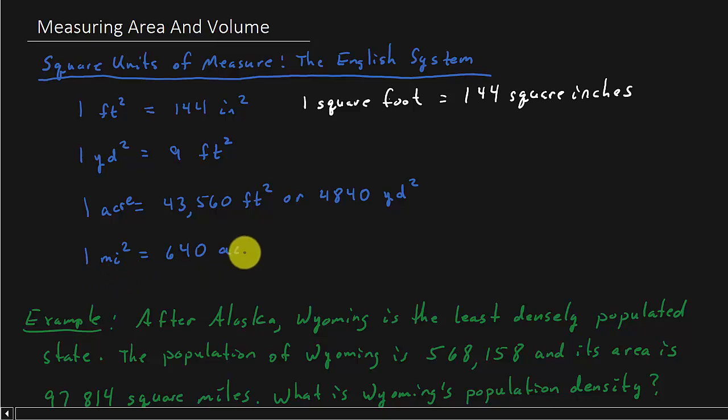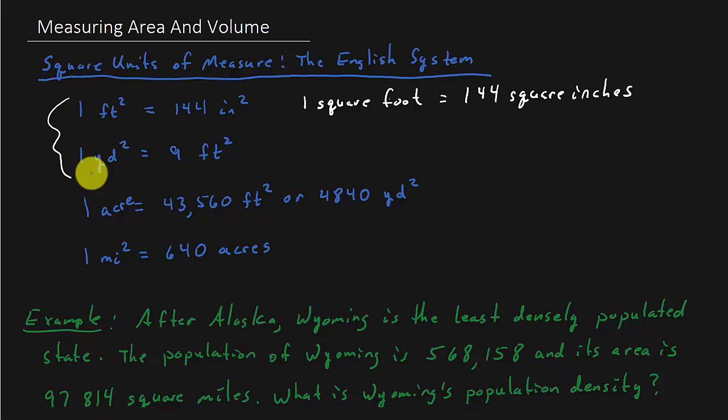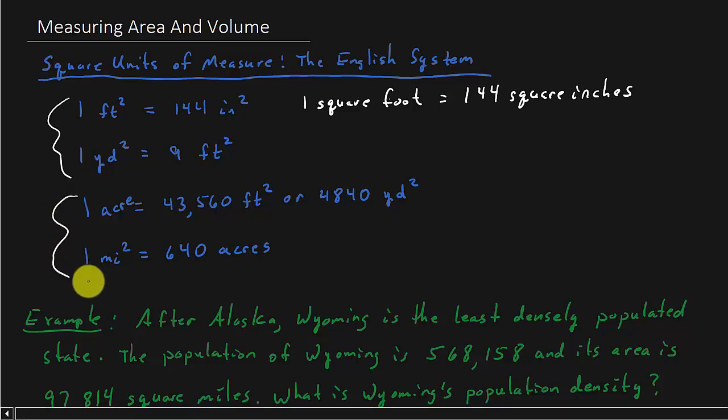I'll write it out here, acres. The first two right here you can probably get pretty easily because there's 12 inches in a foot and 3 feet in a yard. This one's not so common knowledge. You just have to memorize that.